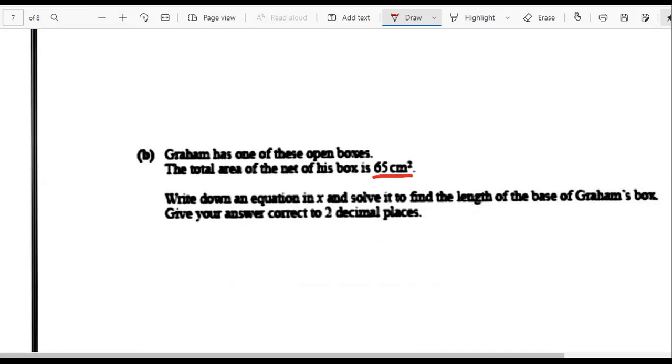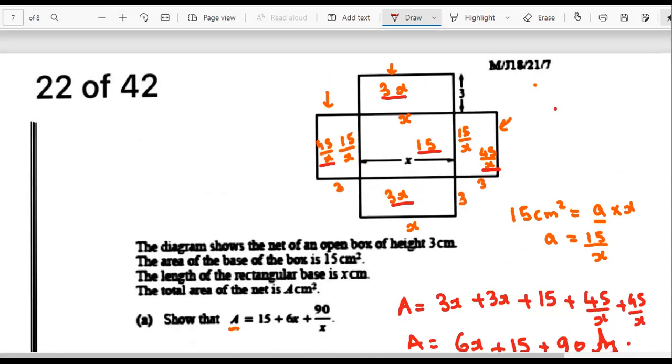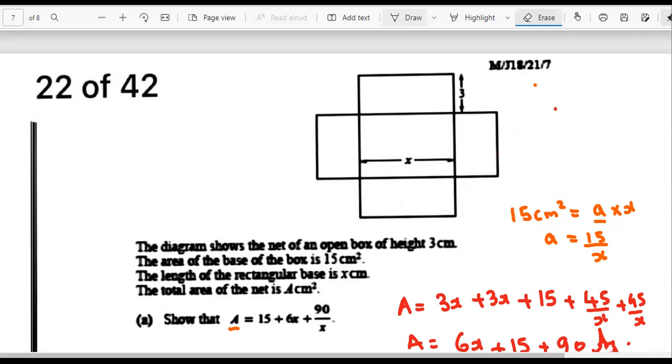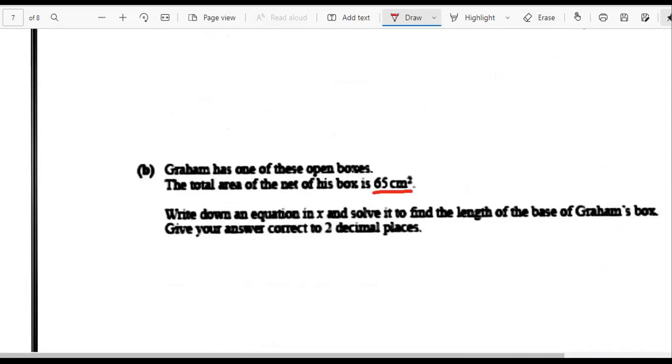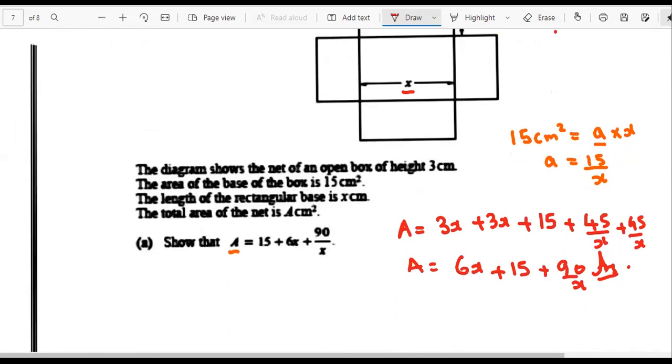Now, Graham has one of these open boxes, okay? And I'll rub everything on the box. And the area of his box is 65, okay? The area of his box is 65 and they want you to find this x. Well, that's very simple. This is the total area.